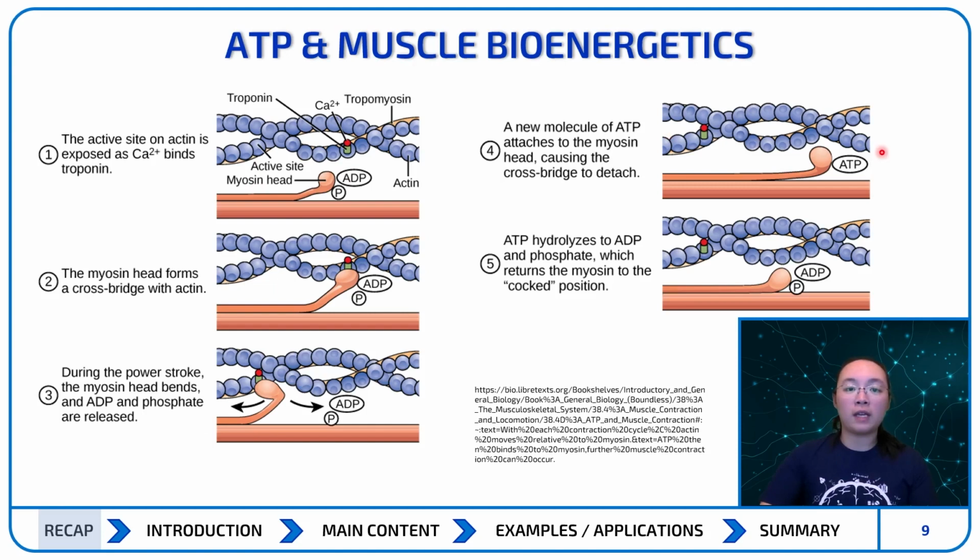ATP then comes in to attach to the myosin again, which allows the whole muscular contraction cycle to restart and continuously contract your muscle until it stops. Hopefully that gives you a good summary of what we talked about in the previous lecture.